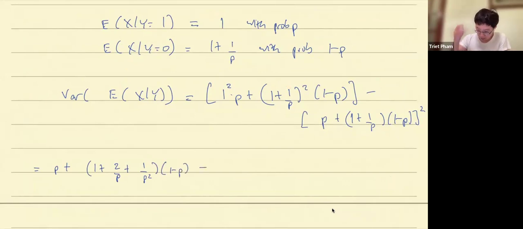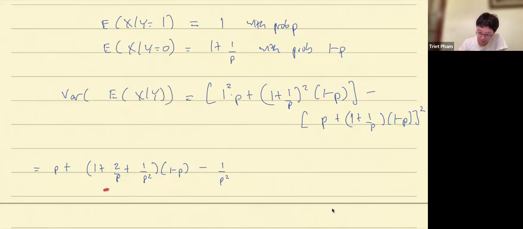And then minus, well, what do we have here? So that's 1 minus 1, which is 0, and then plus 1 over p minus p. But p minus p cancels. So we only end up with 1 over p squared.